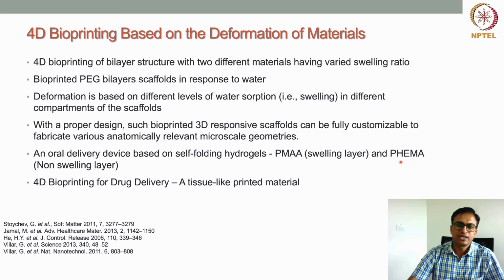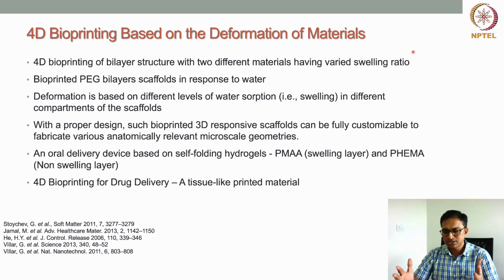We can also use materials where the structure is designed in such a way that, due to the design, the material responds differently towards a certain stimulus. For example, a bilayer structure can be printed using a 3D printing technique. This bilayer structure has two different materials with varied swelling ratios in the two layers. One layer is made of one type of material with one swelling ratio, and the other layer is made of another material with another swelling ratio. If there is a difference in the swelling ratio, these two layers can respond differently towards water.